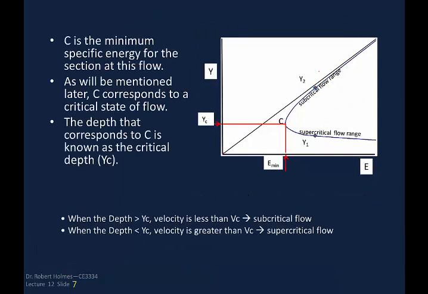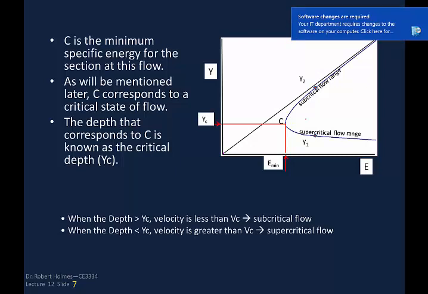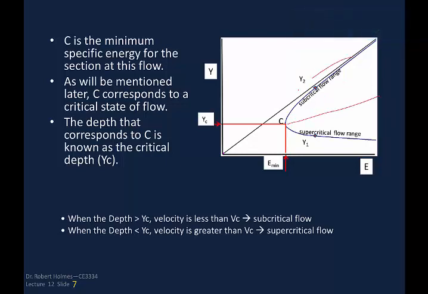Now, we've mentioned that at the minimum location, at C, that's where the minimum specific energy is. We can see that we have the alternate depths everywhere else. We can see that in this range we've got what's called subcritical flow, and this is the supercritical flow range, where the demarcation between the two is at this minimum point with the minimum specific energy.